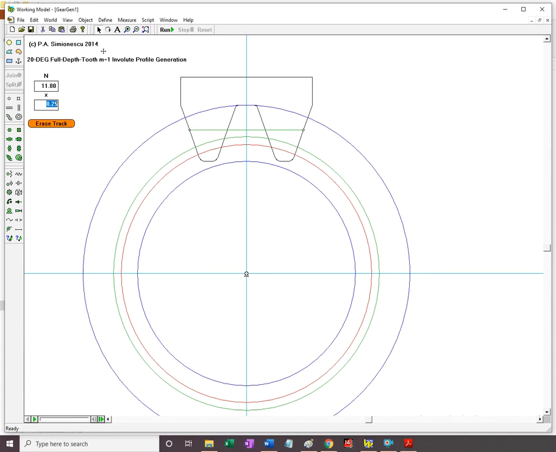So it'll be 0.25 of the module. And now I'm going to see rolling without slip, not of the reference line of the rack, but rather of a line that is towards the tip of the cutting rack and offset by the amount of 0.25. So now the rolling without slip won't happen relative to this line, but rather a line that is not shown below it, offset by this amount down.